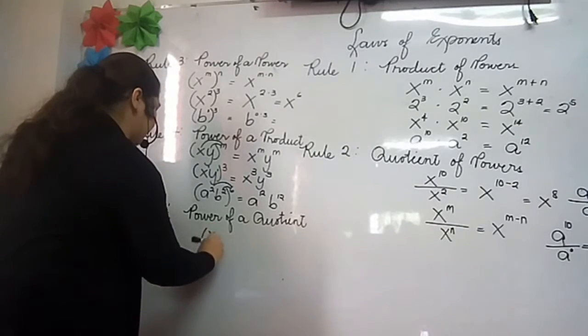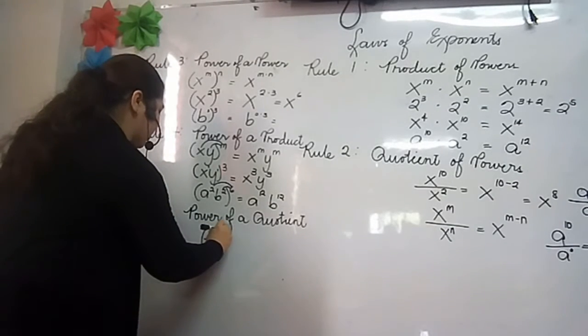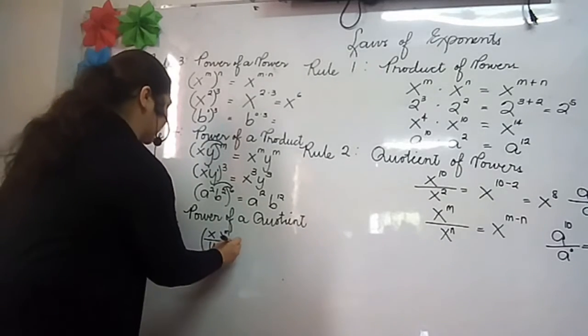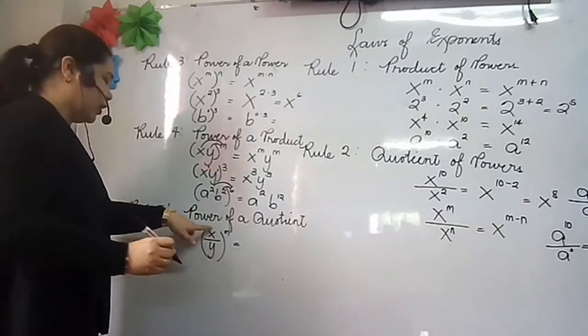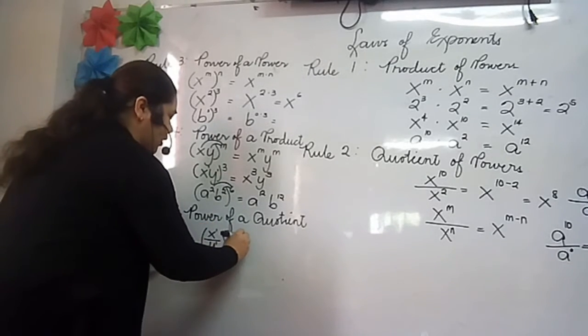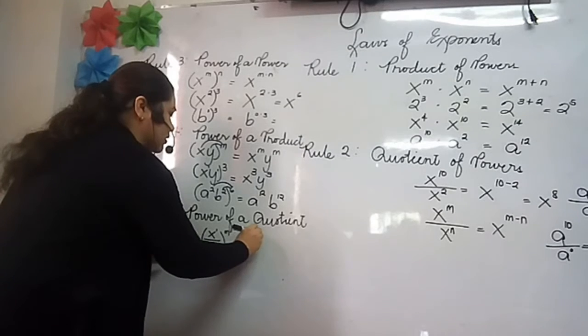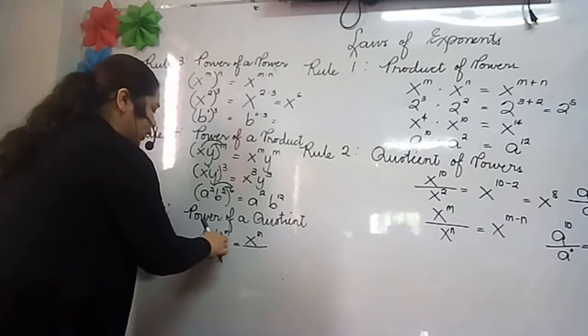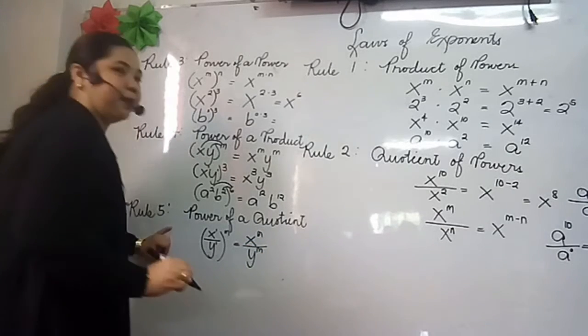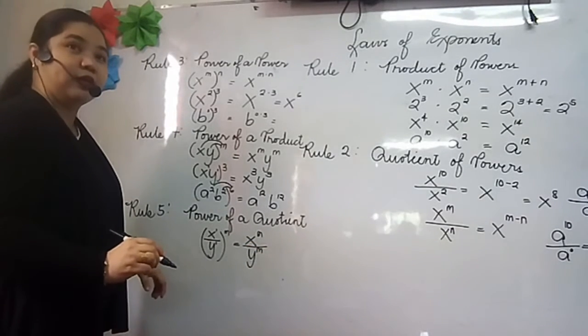Ibig sabihin nun, merong dinidivide, and then there's a power na nandun sa labas, no? So, ito ay may invisible 1 yan. So, m times 1, it will be equal to x raised to the m power divided by y raised to the m power. Nakuha?